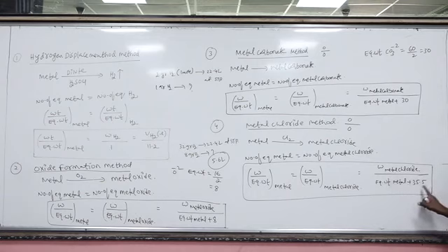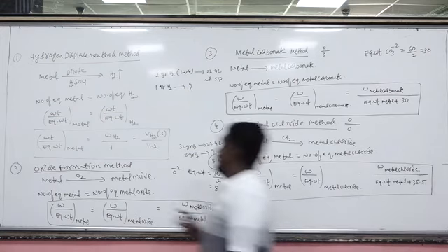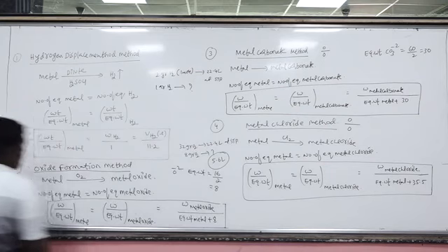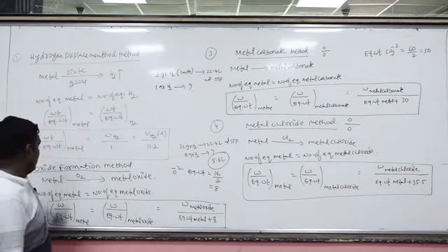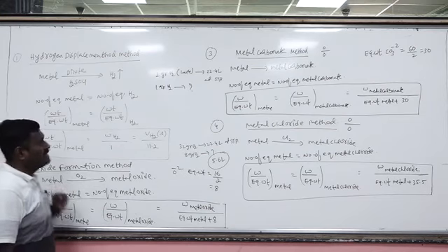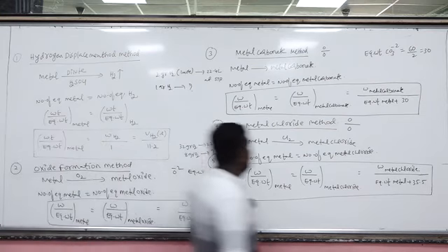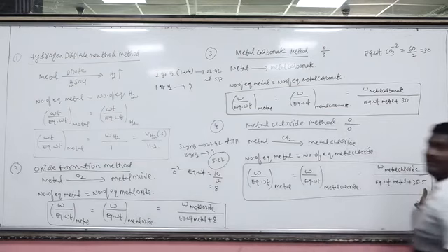What is the equivalent weight of chlorine? That is 35.5. So these are the standard methods to calculate the equivalent weight of an unknown element or metal by comparing with the equivalent weight of a known element. We know hydrogen equivalent weight is 1, equivalent weight of oxygen is 8, and equivalent weight of chlorine is 35.5. Okay.